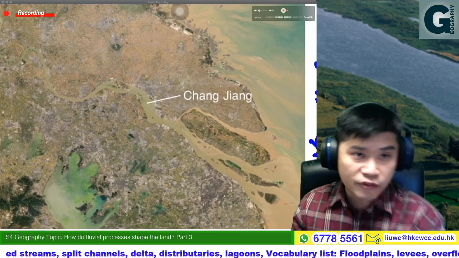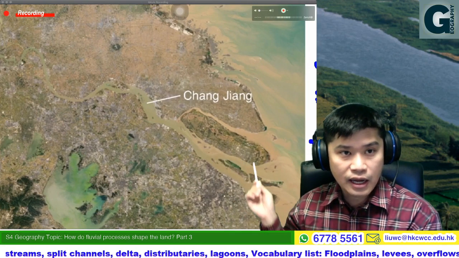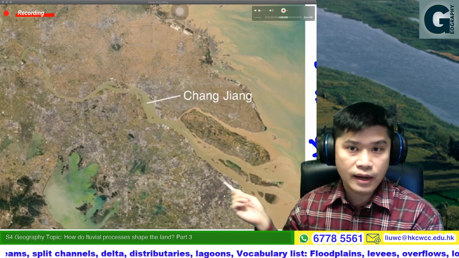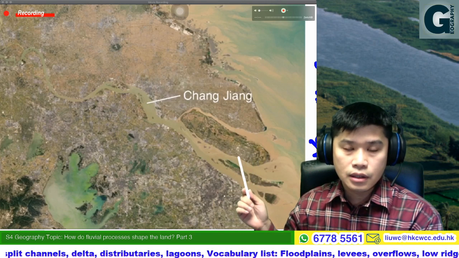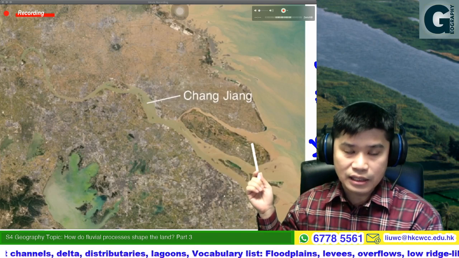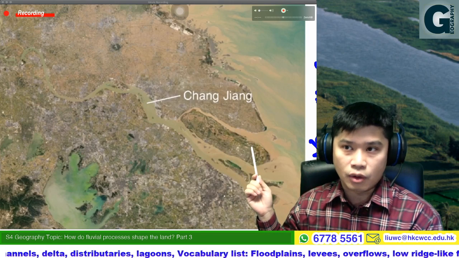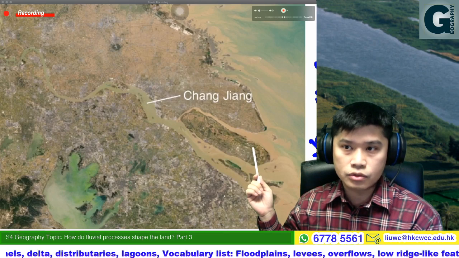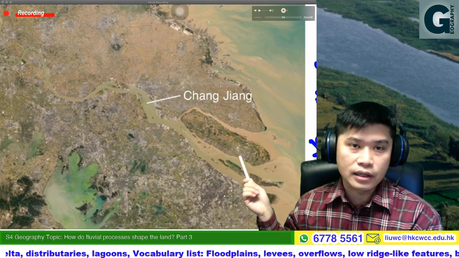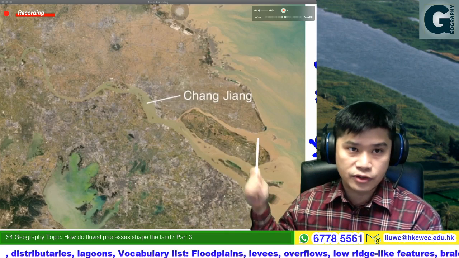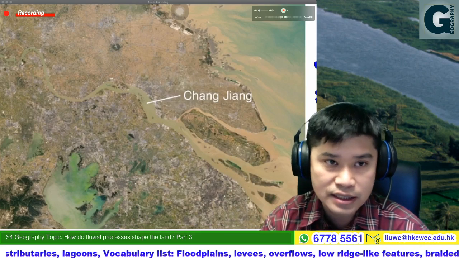At the river mouth of Changjiang, there would be the delta. This island is called Chongming Island, which is bigger than Hong Kong, okay, so that is a part of the delta. So that would be in Changjiang.